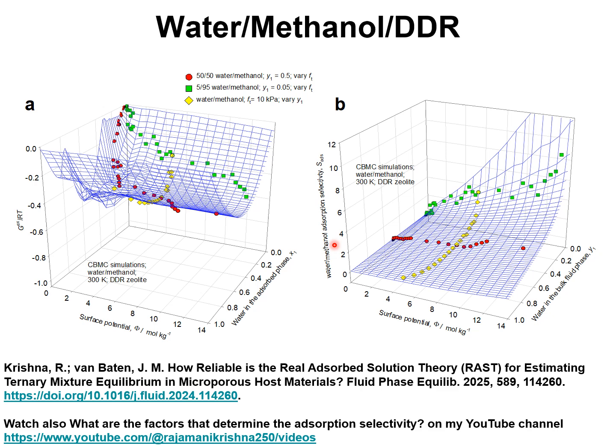The water-methanol adsorption selectivity data determined from CBMC resides on a 3D surface mesh created from the NRTL model for quantifying the activity coefficients in the adsorbed phase. The adsorption selectivity is seen to vary smoothly and monotonically with both surface potential and water mole fraction in the bulk fluid phase.